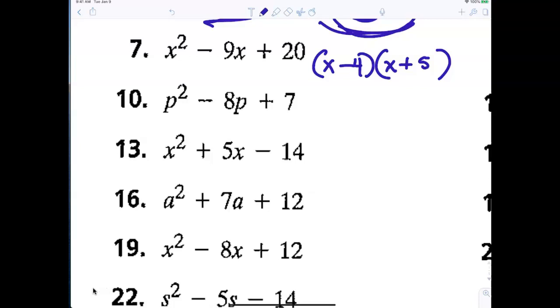So then the 5 should be what? 5 should be negative. Now again, why? Look. Negative 4, negative 5 makes negative 9. Negative 4 times negative 5 makes positive 20. And x times x makes x squared.